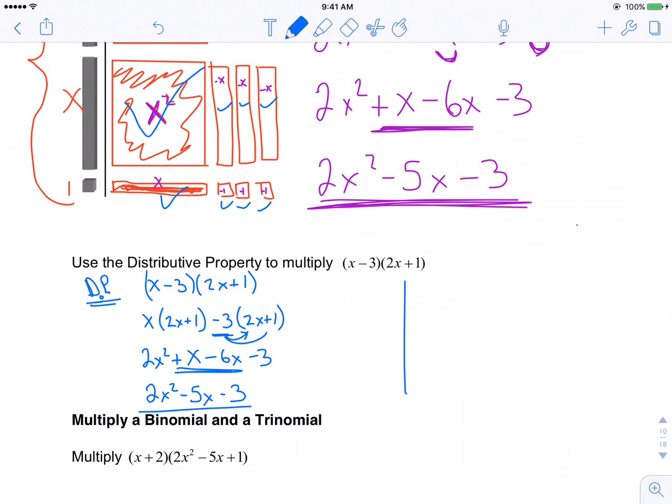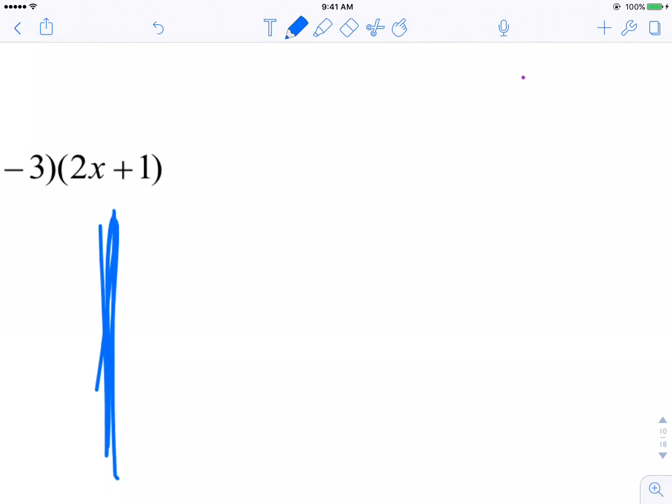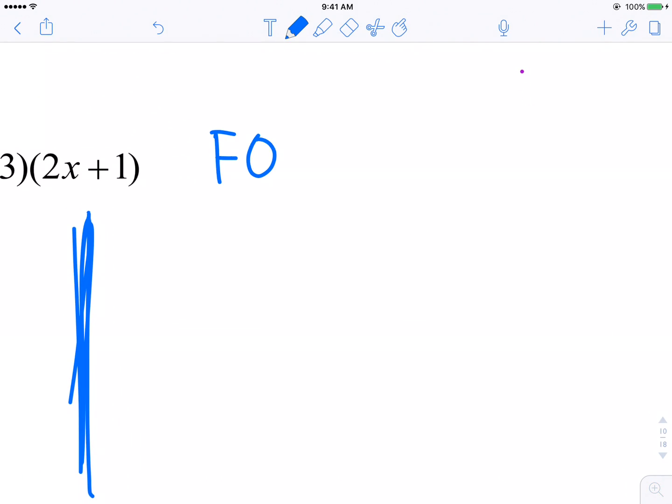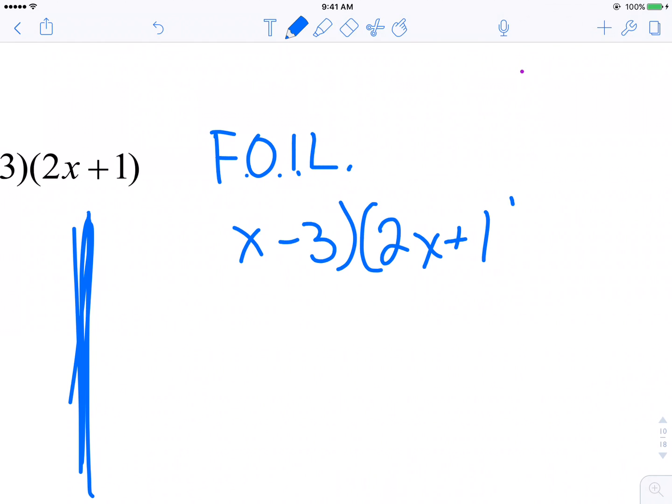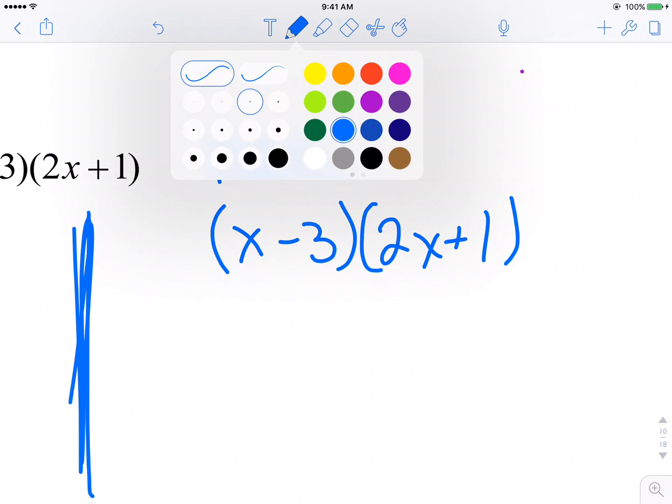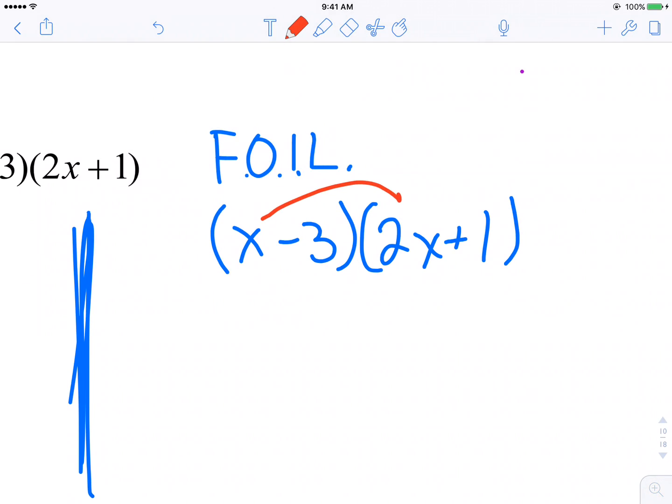And of course, just because I can, using FOIL, I'm going to go x minus 3 times 2x plus 1. And I'm going to say, okay, first it's going to be x times 2x. Outside, x times 1. Inside, minus 3 times 2x.